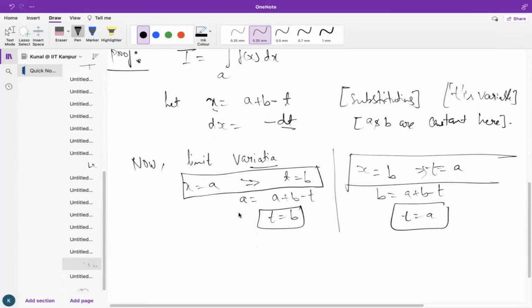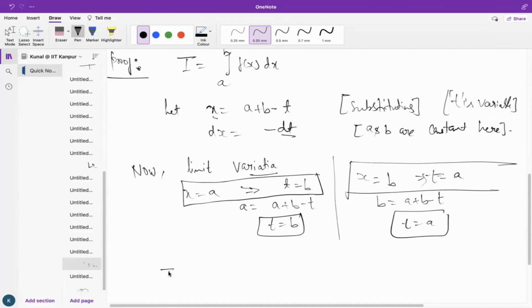So our new integral looks like I equals the integral from b to a of f(a plus b minus t) dt, because when x is a, t is b, and when x is b, t is a. I hope you all understand what I'm trying to say, right?